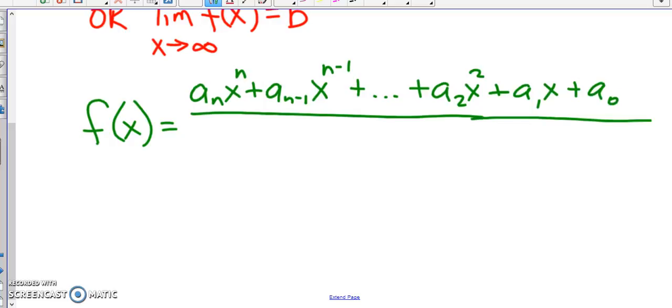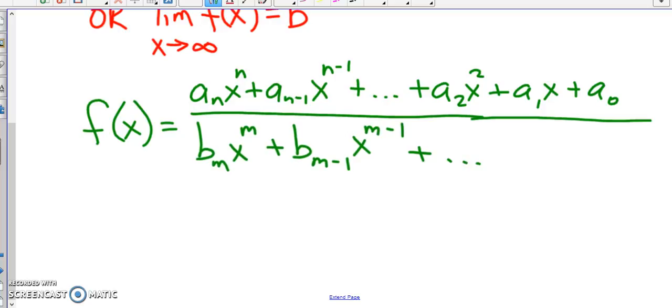We all know that's a polynomial by now, yes? Over bm x to the m plus bm minus 1 x to the m minus 1 plus dot dot dot plus b2x squared plus b1x plus b naught.